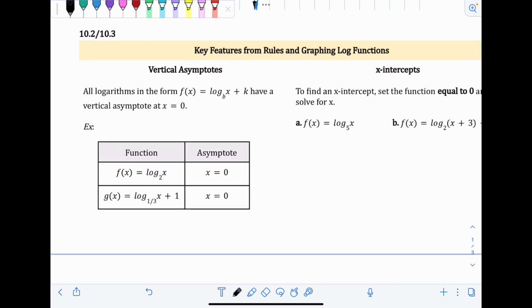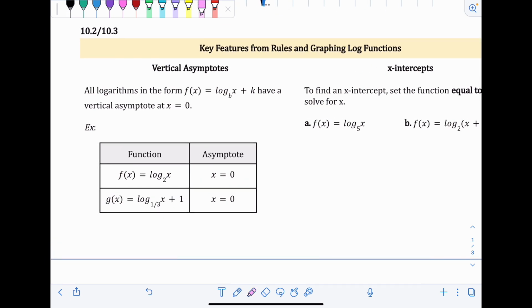So for vertical asymptotes from rules, all logarithms in the form f of x equals log base b of x plus k have a vertical asymptote at x equals 0. So that means these would be parent function logs, and if there's a plus k, there could be a vertical transformation.